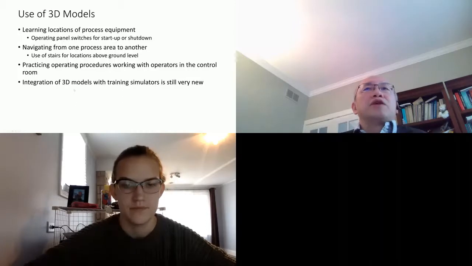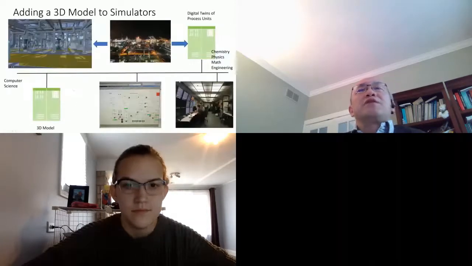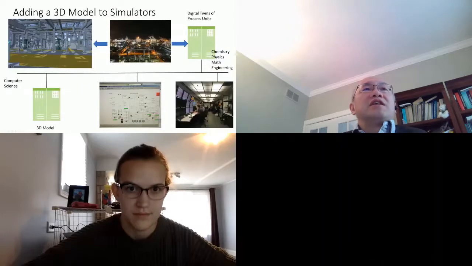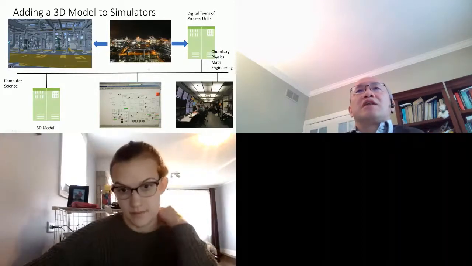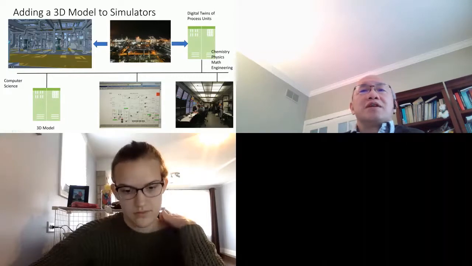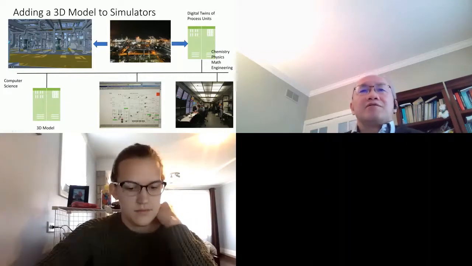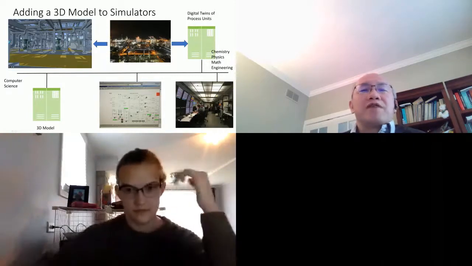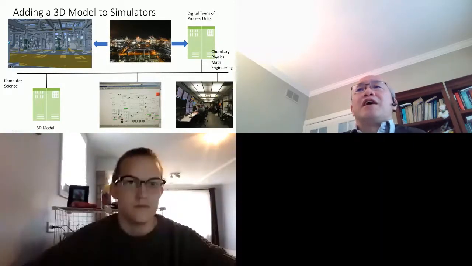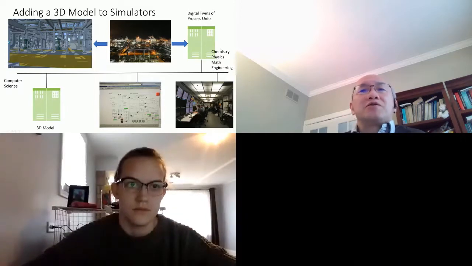And one thing that I forgot to mention is that when we build the 3D model, there is a lot of computer science and technology that we are using. And when we built the process digital twin, the process equipment that represents a unit that makes gasoline or diesel, obviously we are using a lot of the chemistry, physics and math that you learned at high school, and maybe engineering at high school and university.